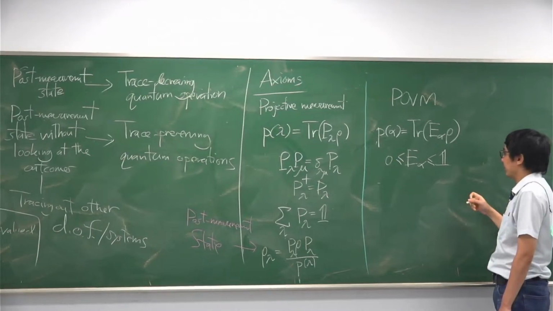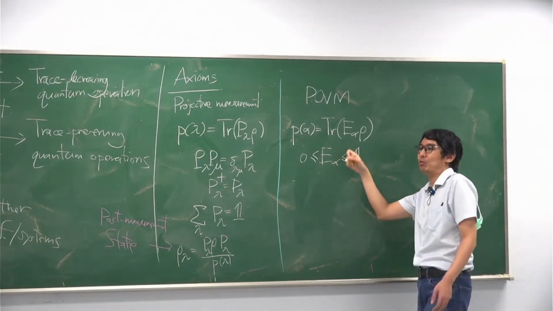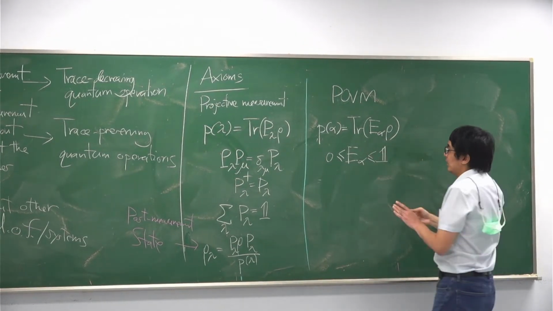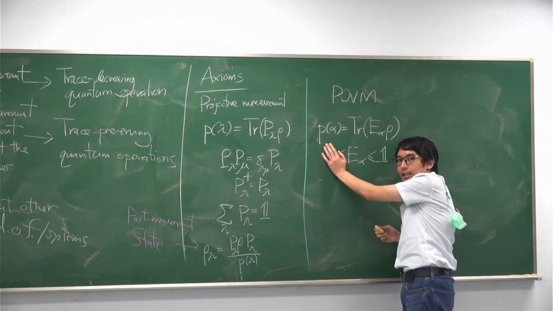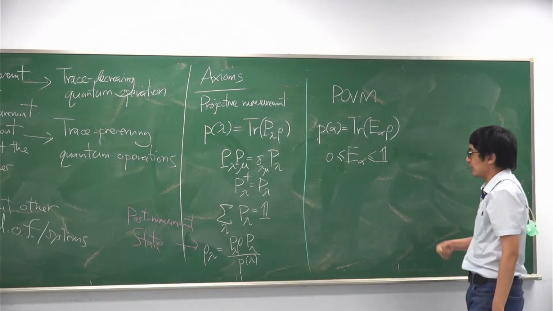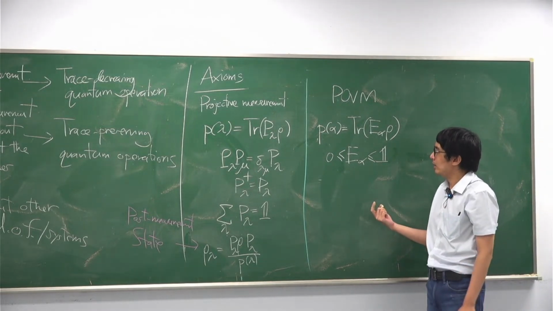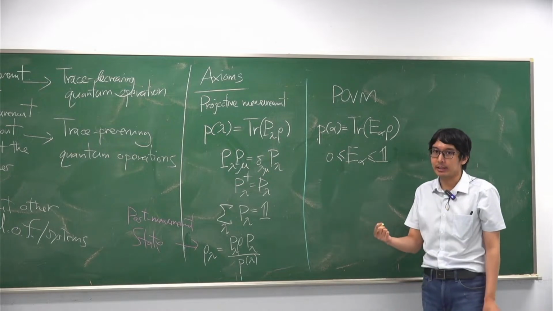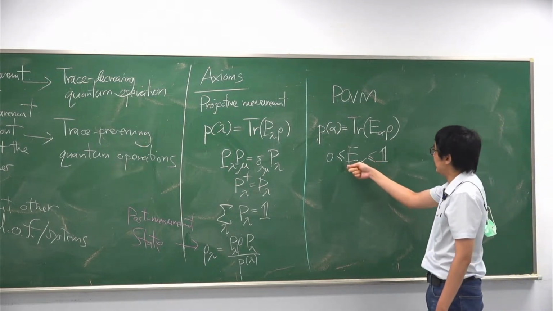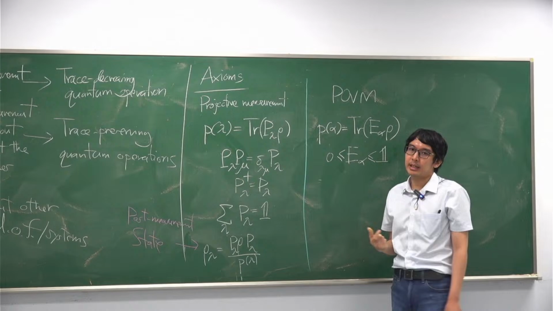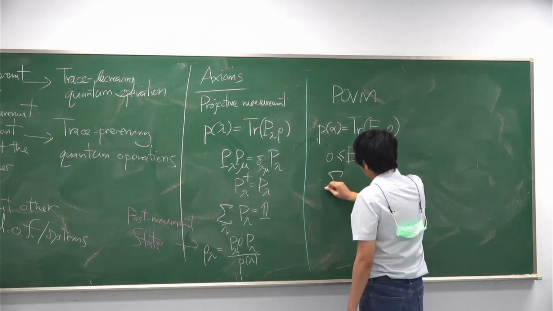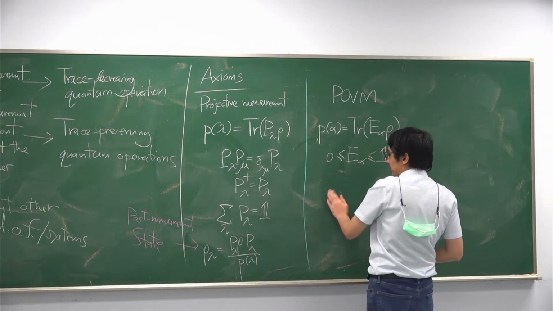You remember how this kind of inequality works, right? Over here it just says that E is a positive operator, but over here it means that identity minus E is a positive operator. We have seen that in a complex Hilbert space, for an operator to be positive, it is necessarily Hermitian also. So you can diagonalize it, and this inequality says that the eigenvalues can only be positive and at most 1. But we also need the same constraint, so maybe I'll put it down here.